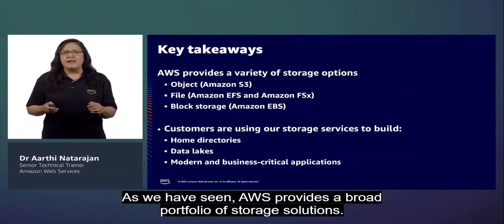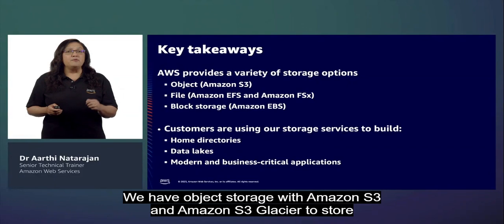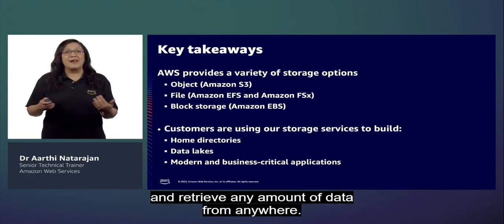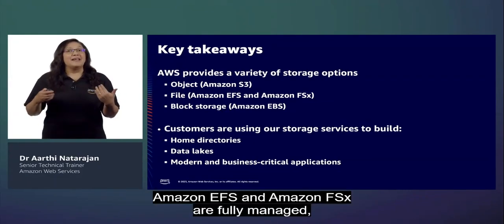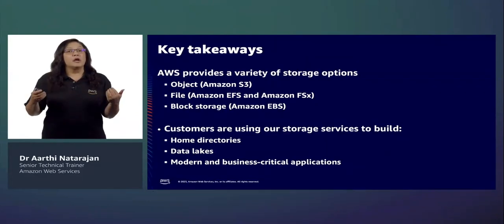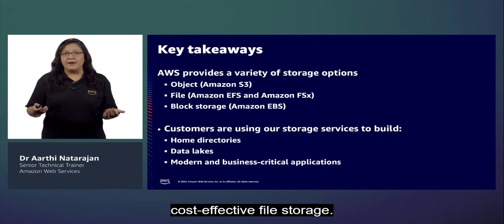As we have seen, AWS provides a broad portfolio of storage solutions. We have object storage with Amazon S3 and Amazon S3 Glacier to store and retrieve any amount of data from anywhere. Amazon EFS and Amazon FSx are fully managed, cost-effective file storage.